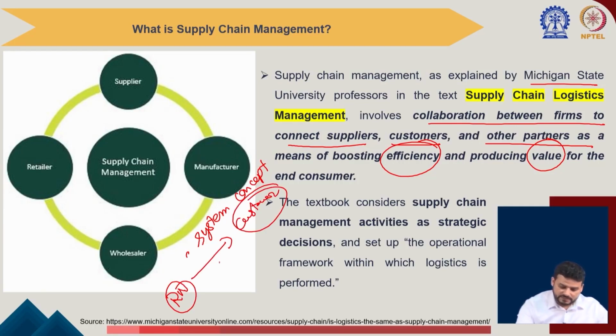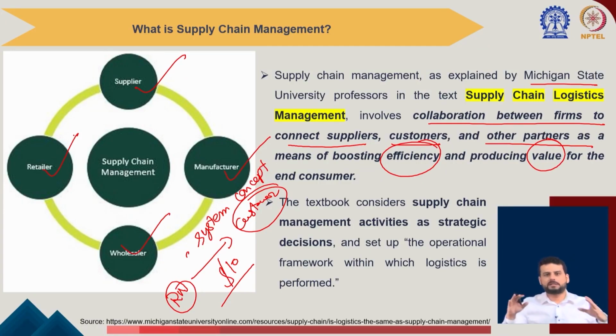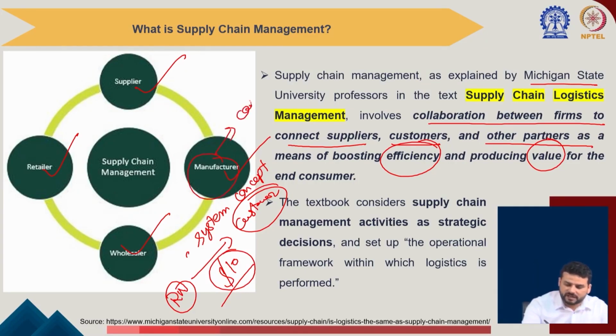If there is a profit of maybe $10, this $10 will be shared with the suppliers as well, the manufacturer, wholesaler, retailer, distributor, with all the stakeholders. This profit of $10 will be shared, right? So this is a system view of supply chain management. If there is a loss, it will be shared through all the supply chain. So I cannot say as a manufacturer that I am cost efficient.